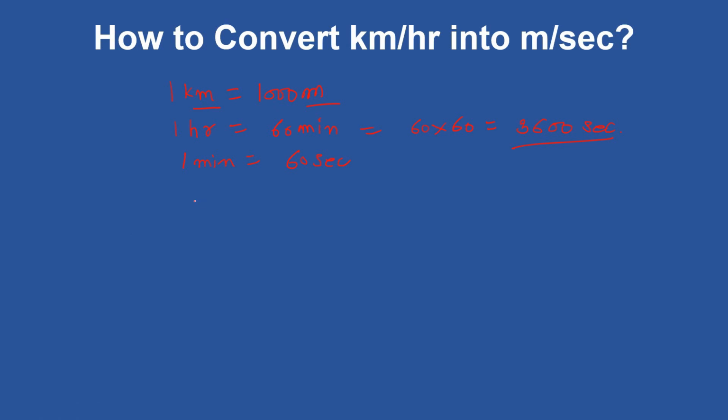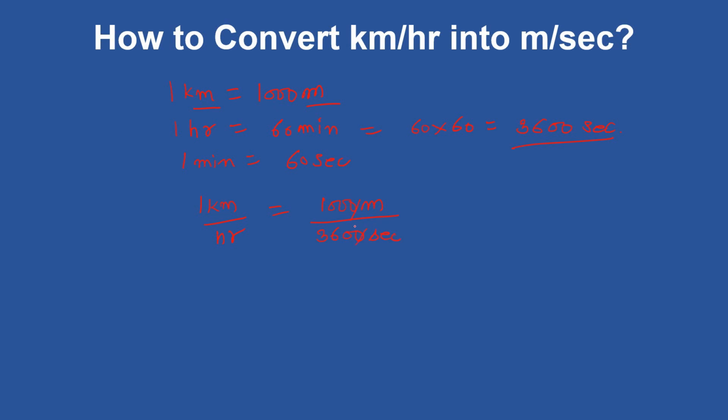right? Now 1 kilometer per hour, so just put 1 kilometer is equal to 1000 meter, divided by 1 hour is equal to 3600 second.